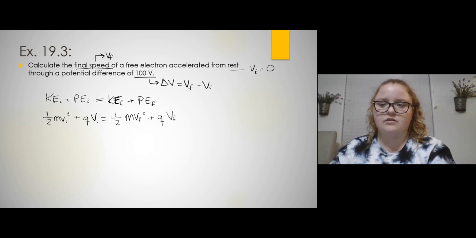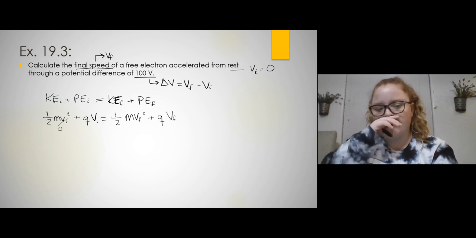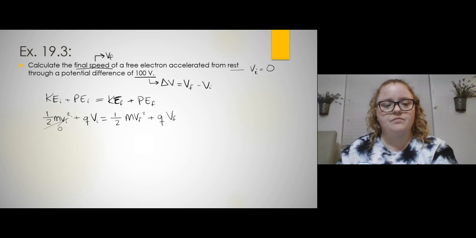This will cross out automatically because that goes to 0, so this whole term will be 0. We want to combine the potential terms, and we are looking for that final velocity here.